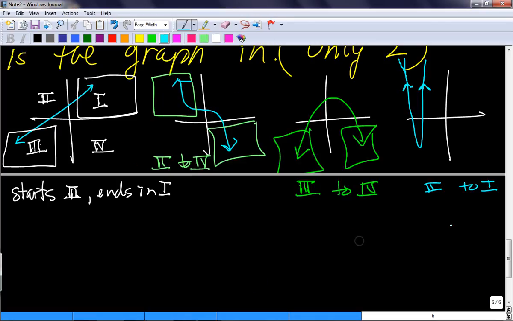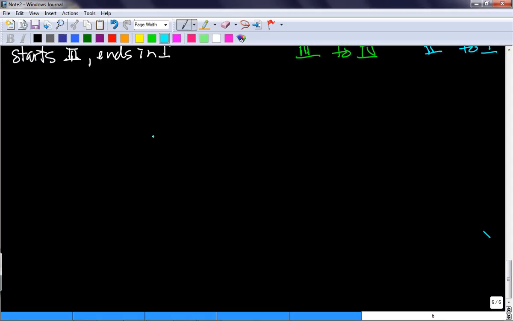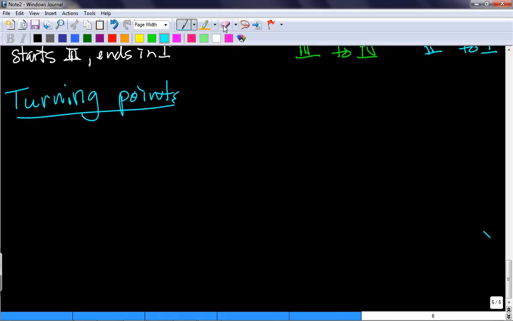All right. Last thing we're going to talk about before you get to practice some questions here is turning points. For 6.1, they do describe all of them.